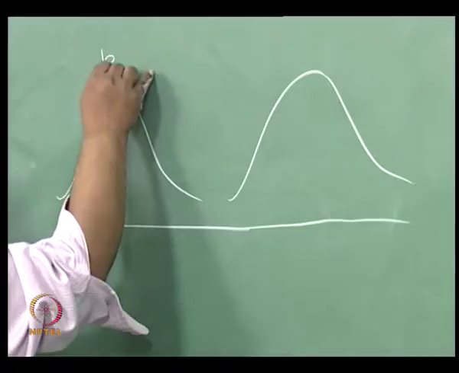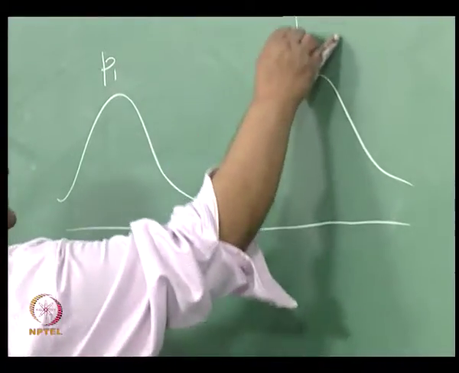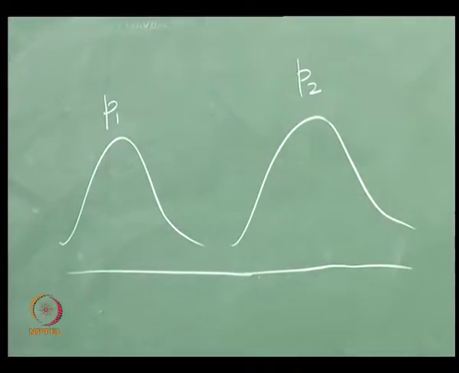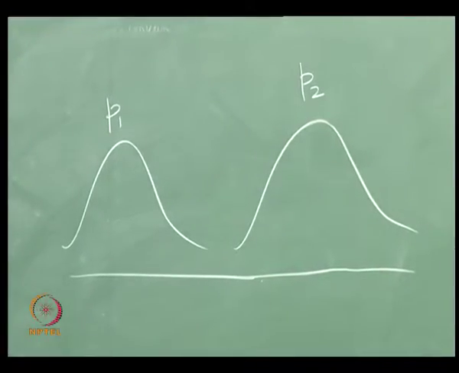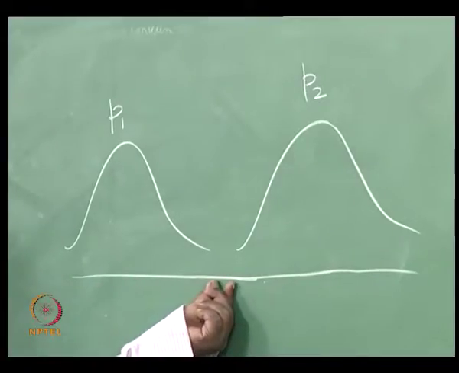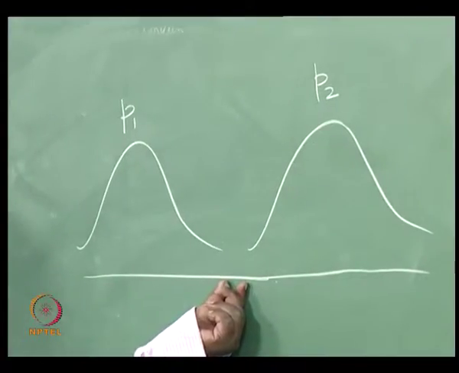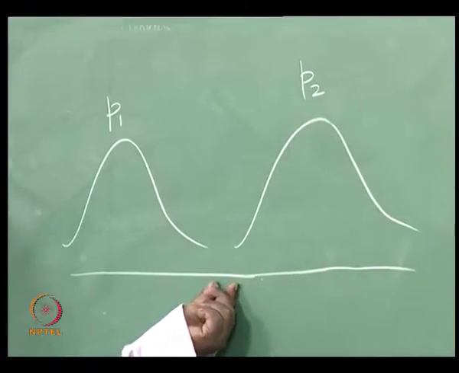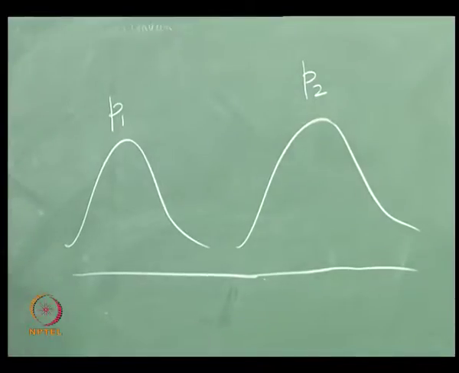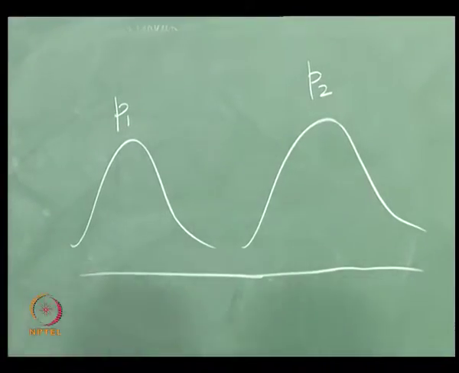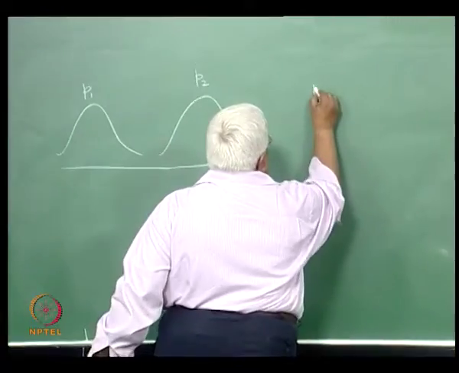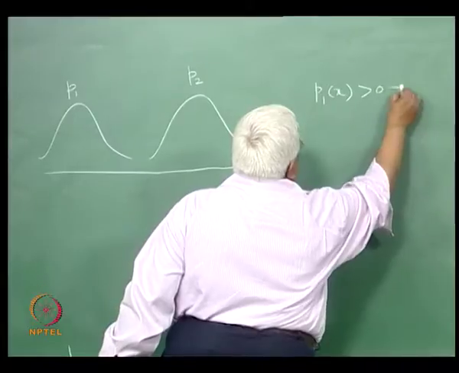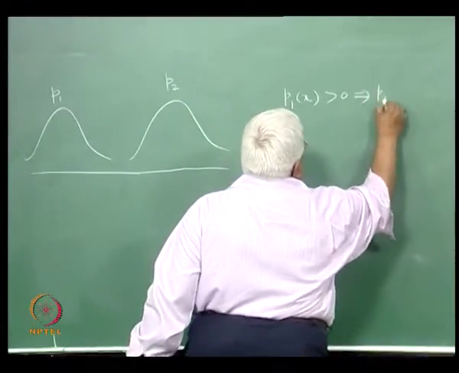Say this is the density function for the class 1, say this is the density function for the class 2, and then note that there is a gap here. Okay. Note that there is a gap here. So, these two functions satisfy a property. What is the property? P1(x) greater than 0 implies P2(x) is equal to 0.